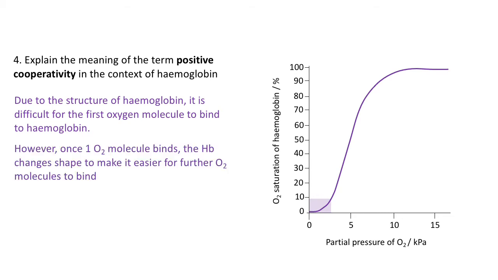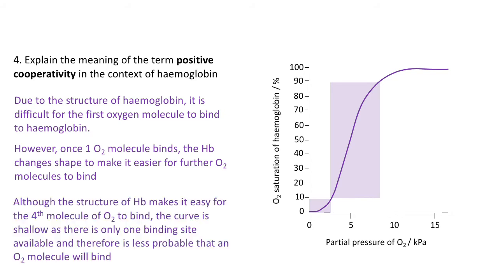Second part of the answer. So this relates to the middle part of the curve where we get that steep increase because that first oxygen molecule binding makes it easier for any further molecules to bind. So those second and third molecules of oxygen bind easily.